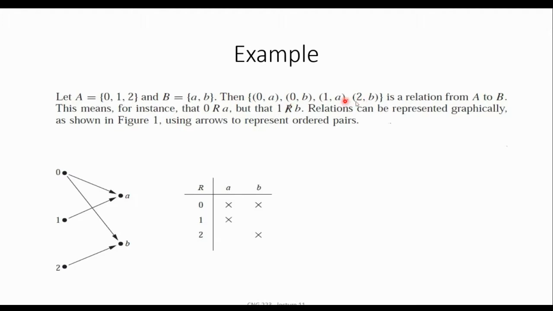But this set contains 4 elements because this one is a subset of that. So this one we can define as a relation, and on the graph you can also see that we have such a case that A is related to 0, and 0 is also related to B. When we have an arrow, it means that 0 is related to A, but not that A is related to 0.